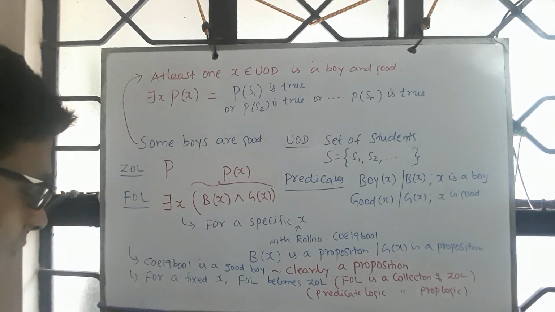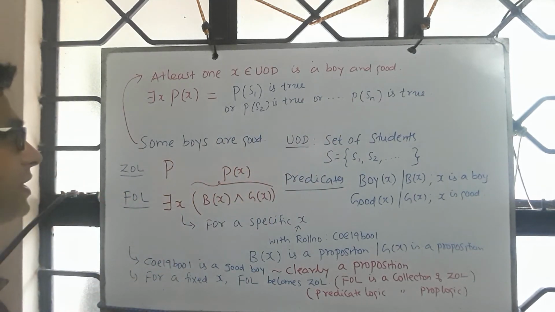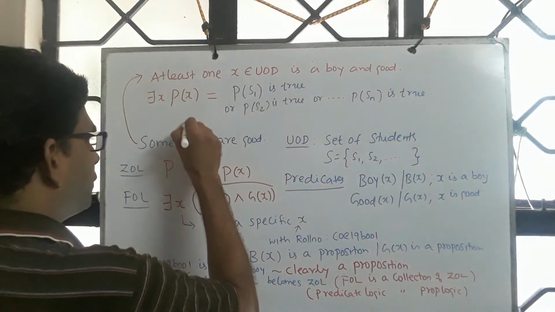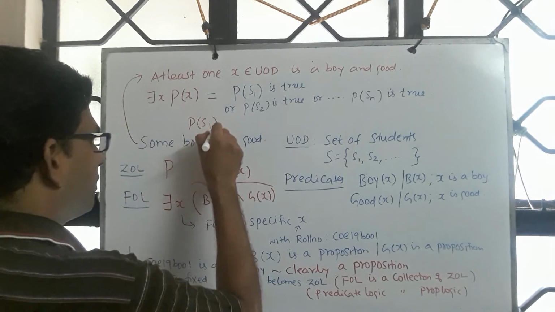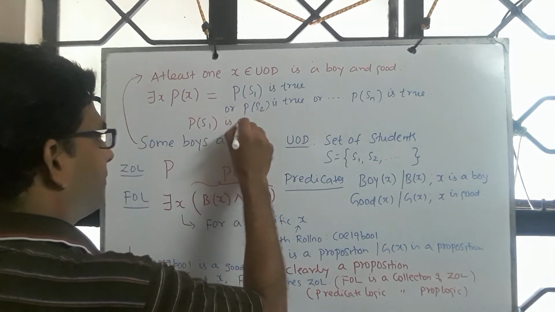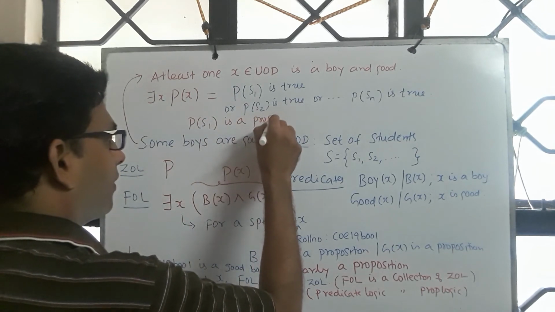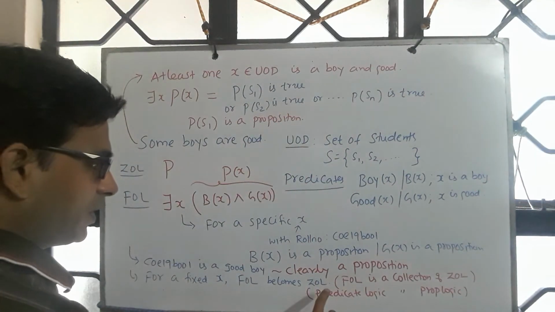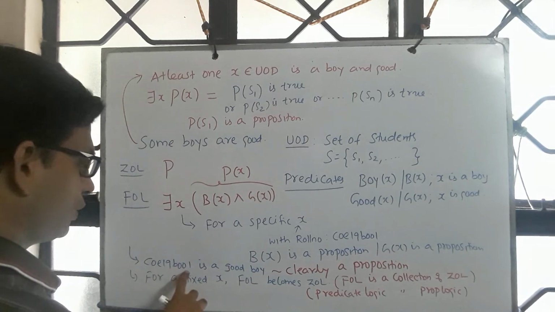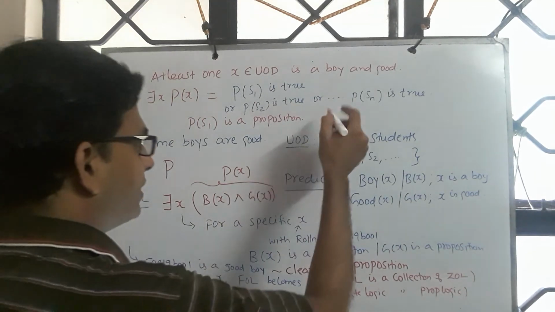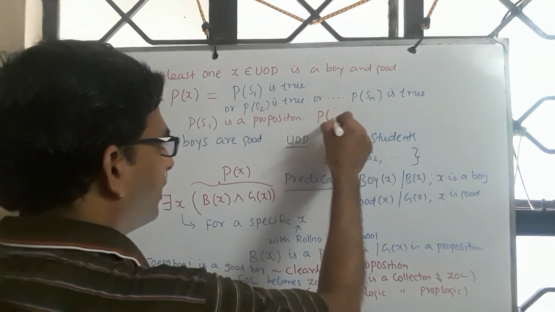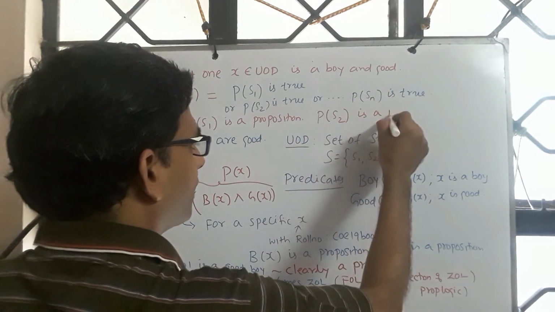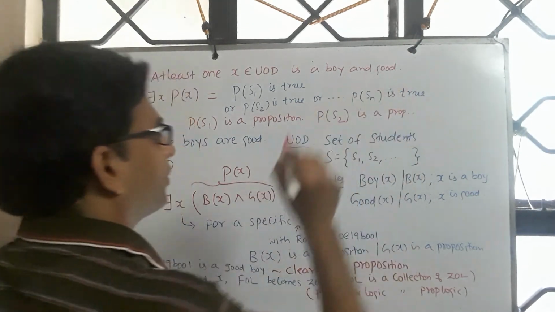So now when you instantiate with respect to a specific one, P of S1 is a proposition. For example, S1 is COE19 B001. When you instantiate P of S2, that's a proposition, and so on.